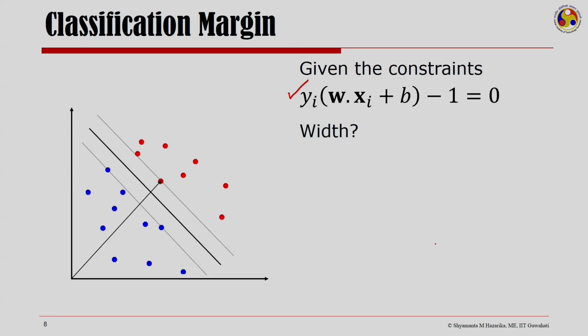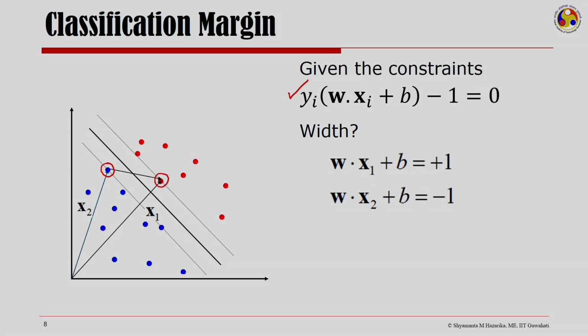So, first we take a vector x1 which refers to a positive sample on the boundary, and then we look at x2, a vector that goes to a negative sample lying on the boundary, and then we take the difference of these two vectors.